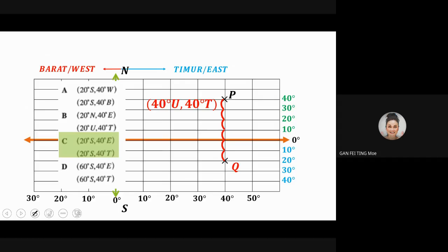20 degrees south, 40 degree east. East and west, it doesn't move from the longitude. It's still the same. Only the latitude goes down, from north down to south. So for you to solve this question, you have the map, you have the globe, which is round.